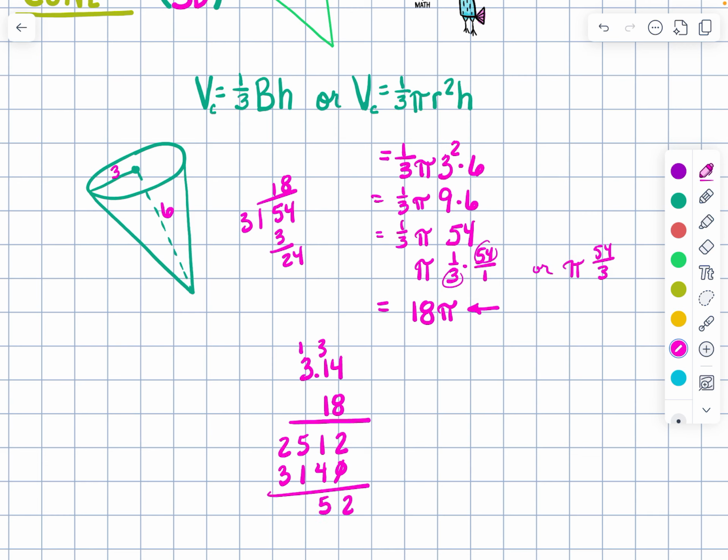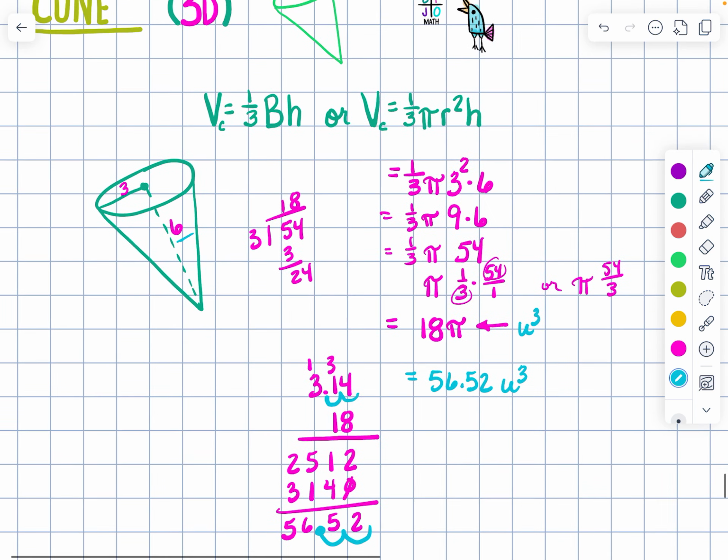So we have 2, 5, 6, and 5. And now we have to deal with the decimal. All right, so now we have 56.52. And I forgot to write the units, but it's going to be units cubed, because I didn't specify what the units were on the cone.